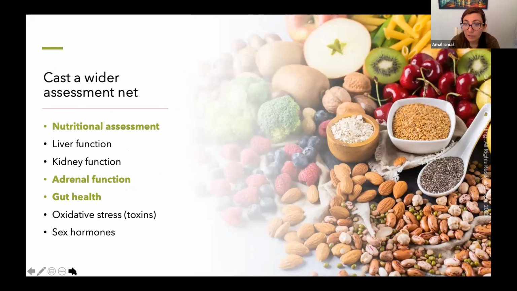We look at the adrenals, how much cortisol and DHEA you are producing. We look at your gut. And we look at levels of oxidative stress to identify if you have a high toxic load or any toxins in the body. And then we also look at your sex hormones, as I mentioned, because they play a big role in the feedback mechanism for the pituitary and subsequently the impact on the thyroid.